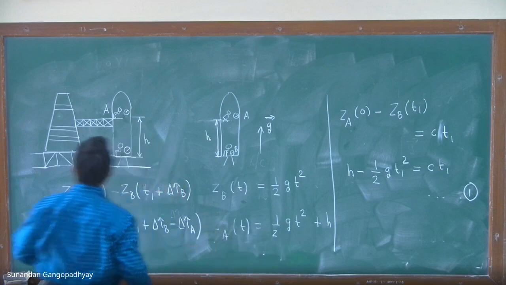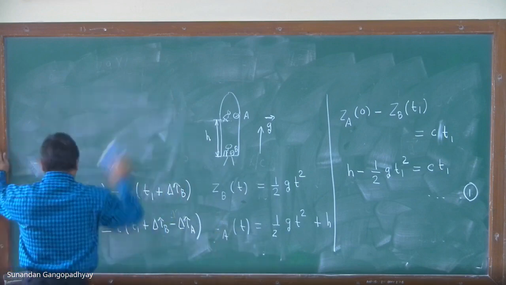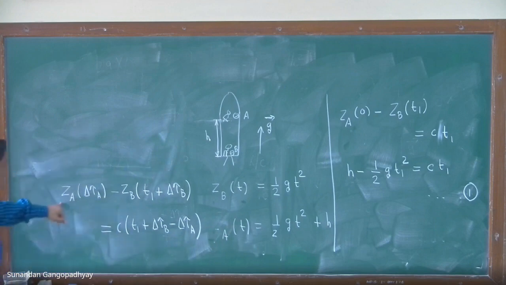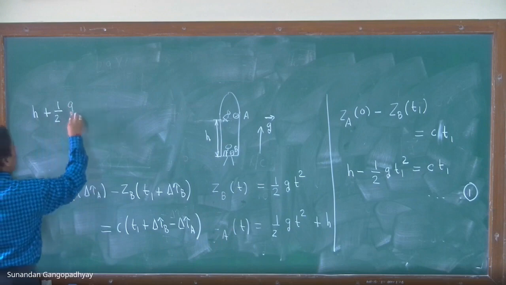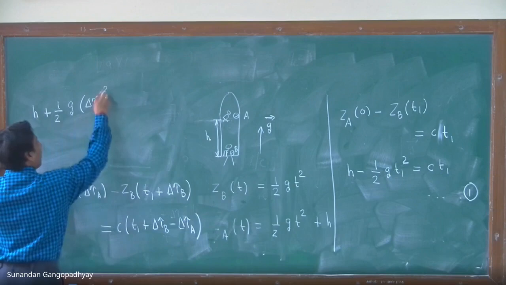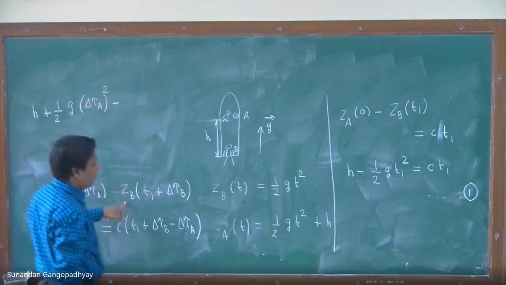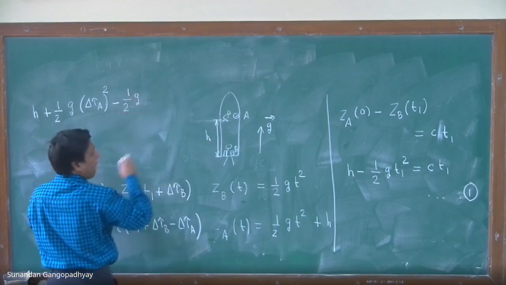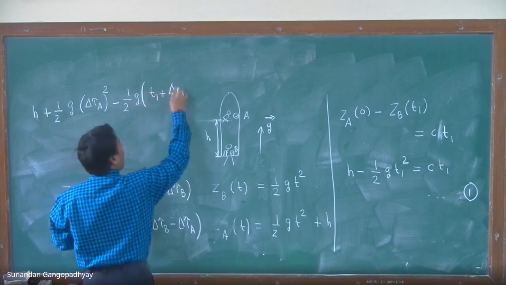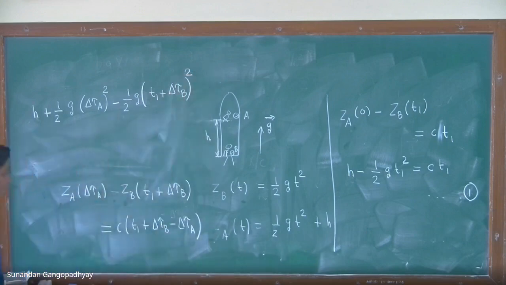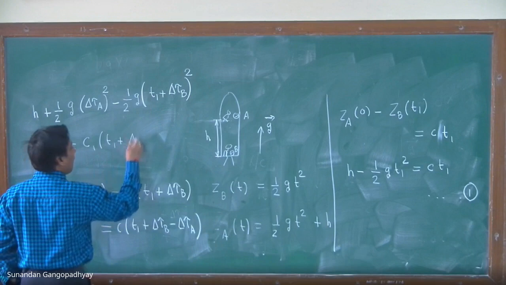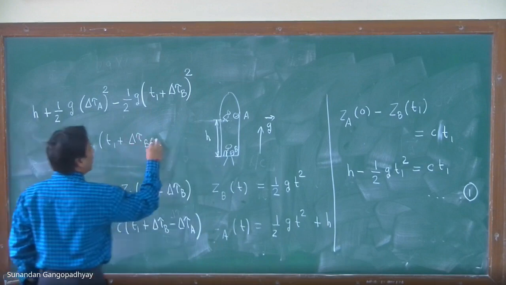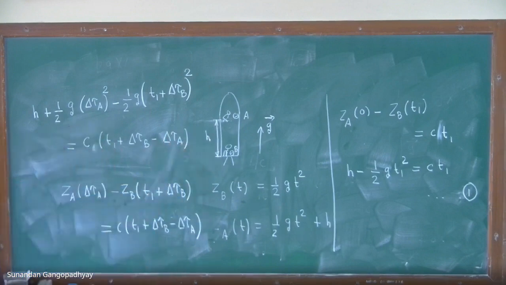Let us use these equations. So ZA(delta tau A) will be h plus half g delta tau A squared, minus ZB, which is half g (t1 plus delta tau B) squared, and that is equal to c times (t1 plus delta tau B minus delta tau A).